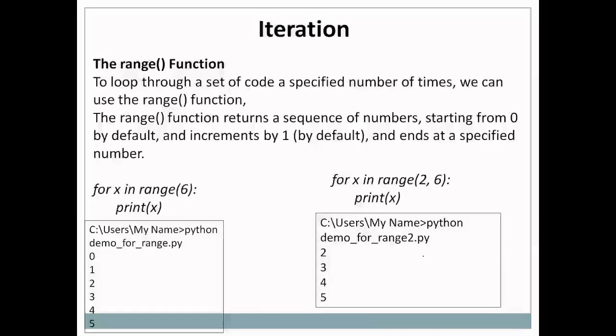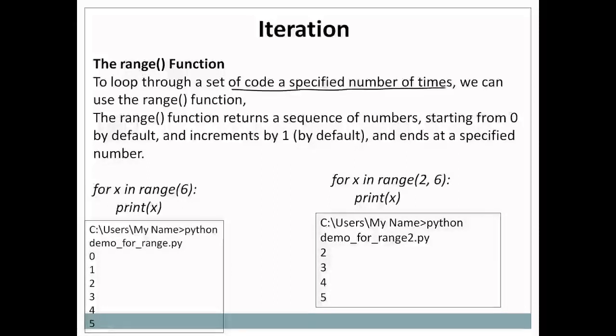Okay, the next important thing is the range function. As I told you, we can use one more important function with the for loop in Python, and that function is the range function. The range function is used to loop through a set of code a specified number of times.